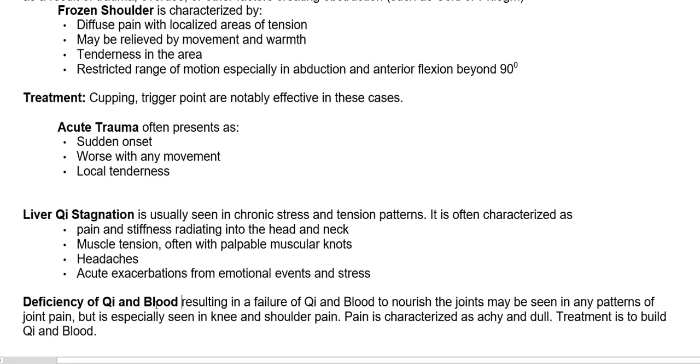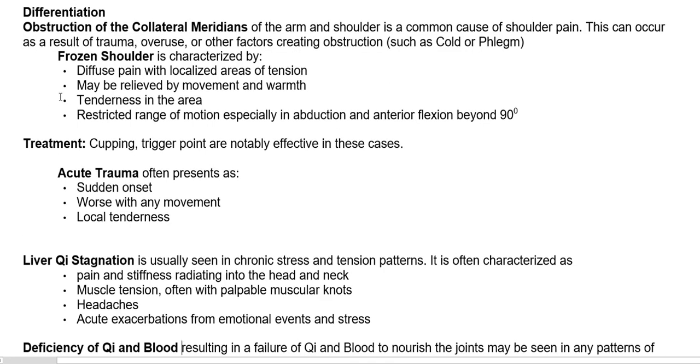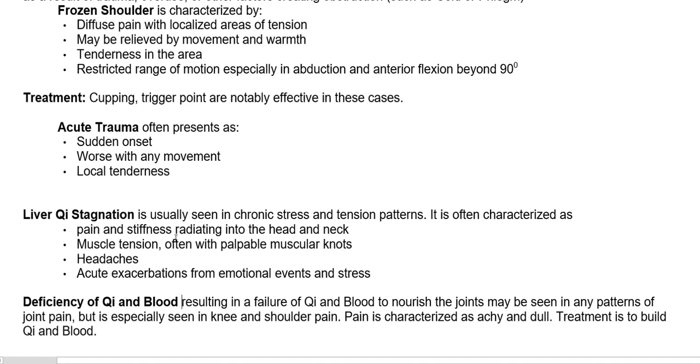You can do acupuncture and cupping, and they're helpful, but they will not be able to resolve it. So for example, in the other case, cupping and trigger point often do treat the cause because the cause is a pre-existing obstruction that we can unblock and return to smooth function. With deficiency of qi and blood, we've got to bring back qi and blood if we want the joint to be nourished, and return to a state of health.